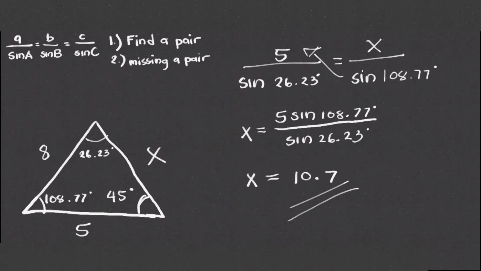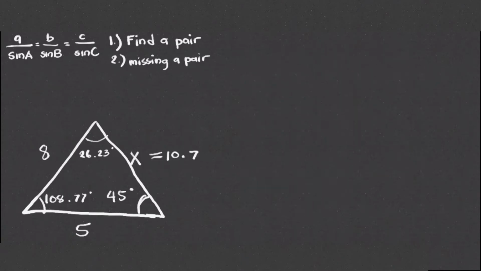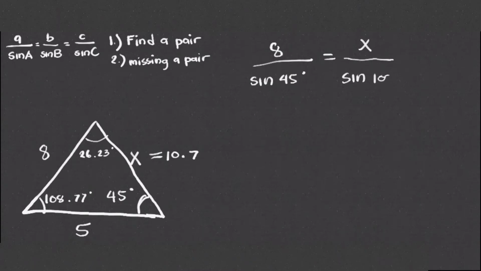To check our answer, let's try to use the other pair, the 8 and the 45 degrees. So 8 over sine 45 degrees is equal to x over sine 108.77 degrees.